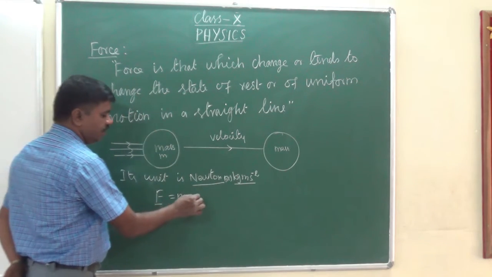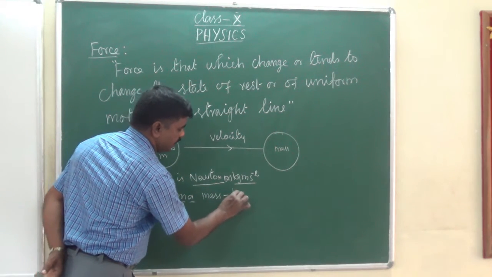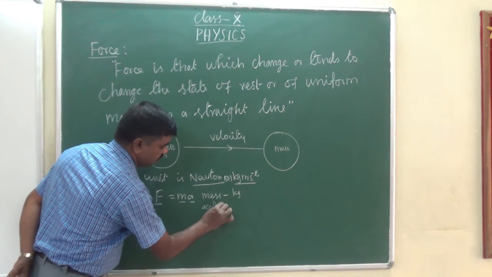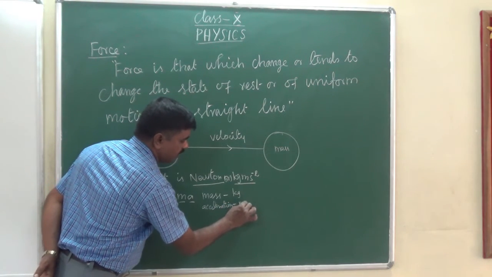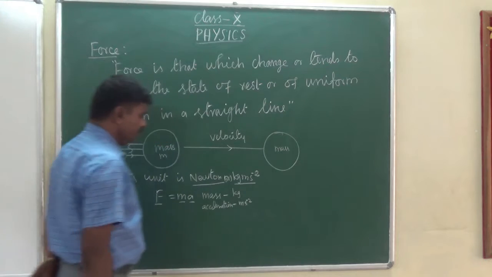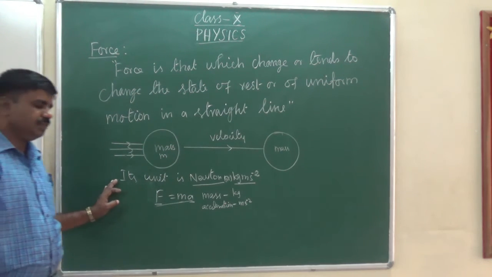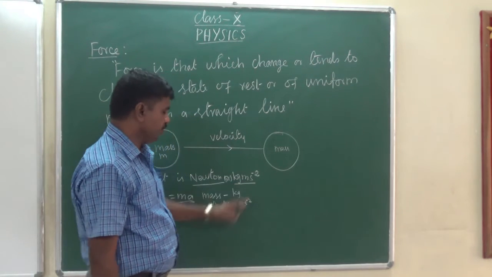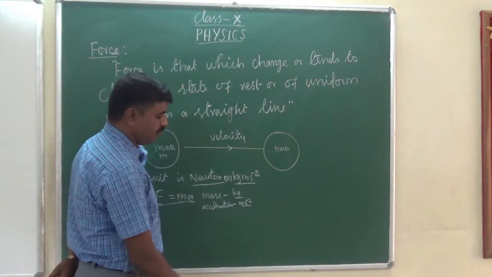The unit of mass is kg. The unit of acceleration is m s power minus 2. So according to this formula F equal to ma, the unit of force is Newton, or otherwise kg m s power minus 2. For mass m, kg, and for acceleration m s power minus 2.